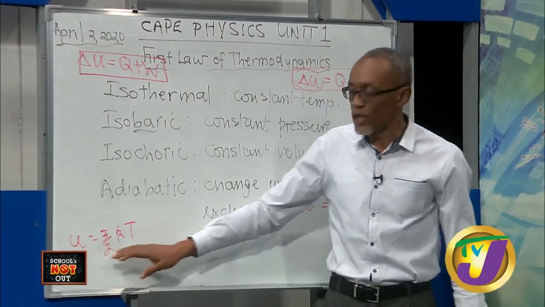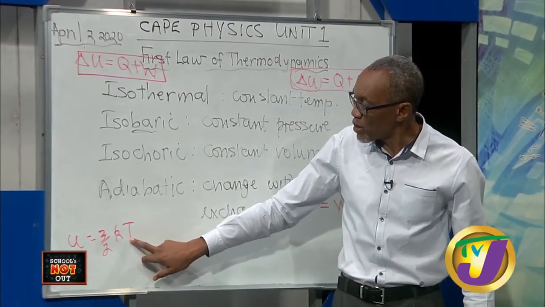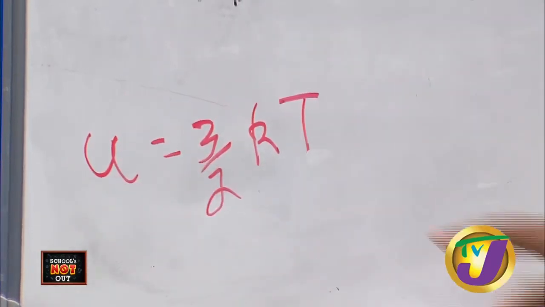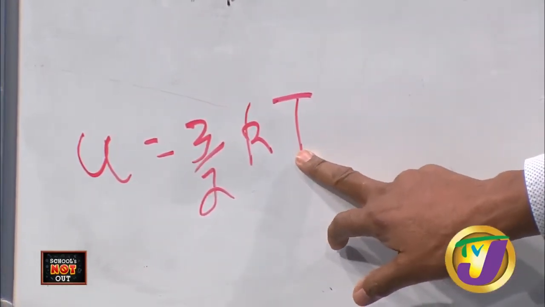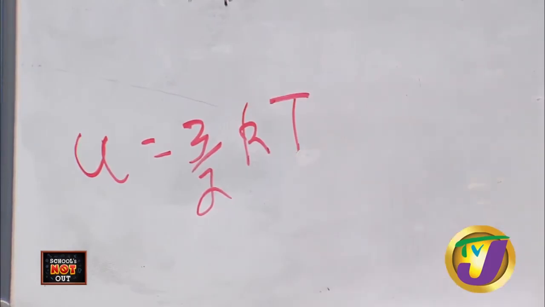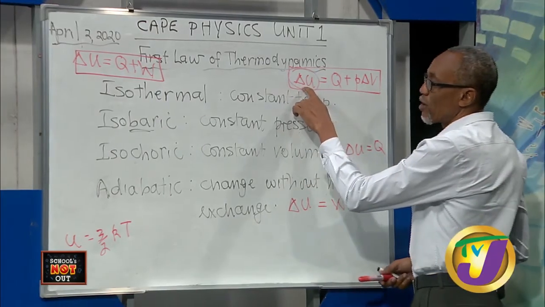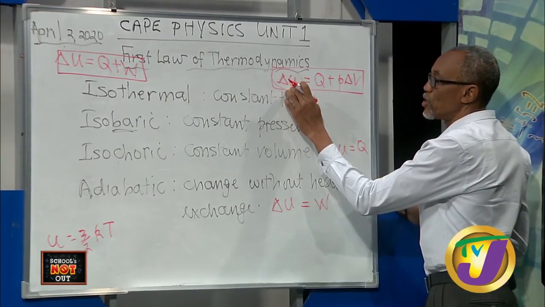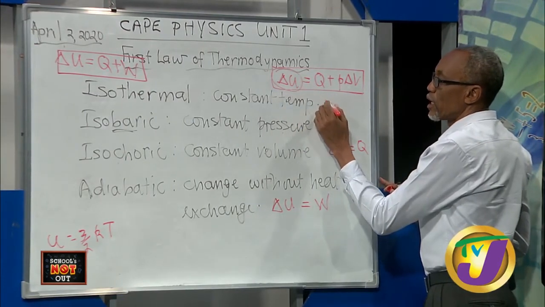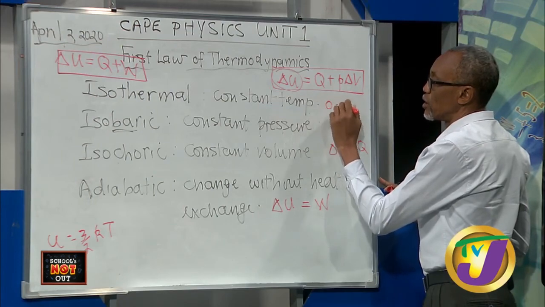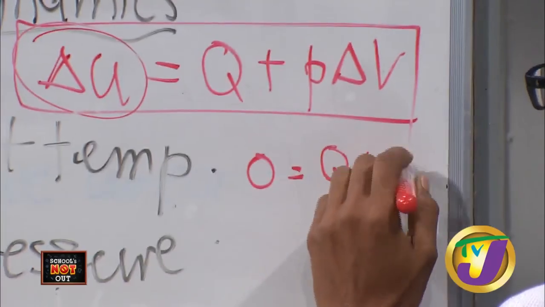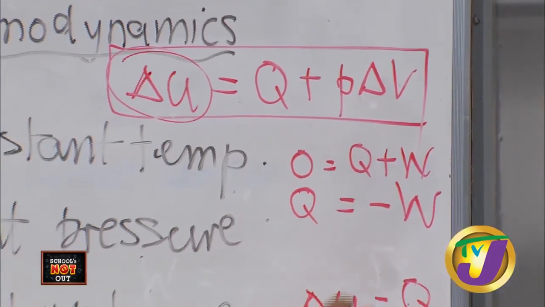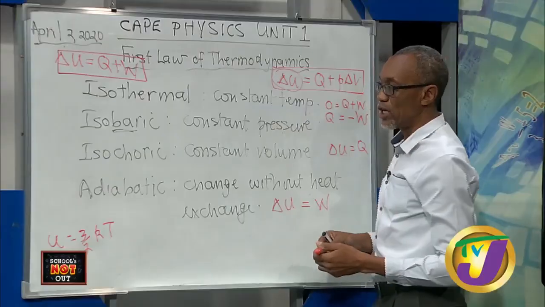So if there is no change in temperature, then there would be no change in the internal energy, because the internal energy is a function of the thermodynamic temperature of that gas. And so for a constant temperature process, delta U is 0, all right? And so we will have that 0 is equal to Q plus W, or Q is equal to negative W for an isothermal change.